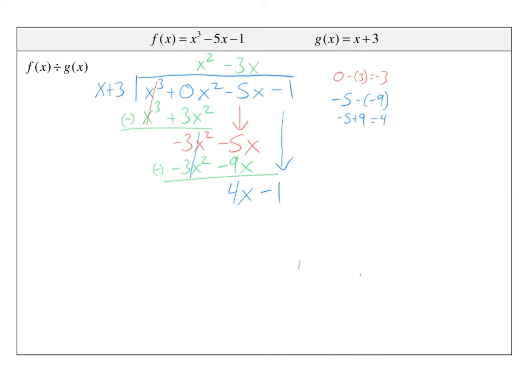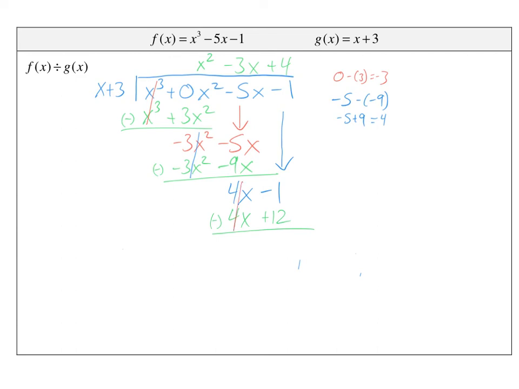Alrighty, so now what times x gives us 4x? Okay, that would be positive 4. So we're going to take positive 4, multiply by both these terms, and put it right here. So 4 times x is 4x minus, and 4 times 3 is positive 12.